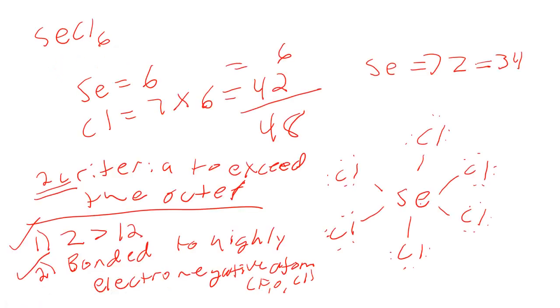So, what is the steric number for selenium here? So if we look at this, we have 6 things bonded to selenium. We have our 6 chlorines, and there are no lone pairs directly on the selenium.